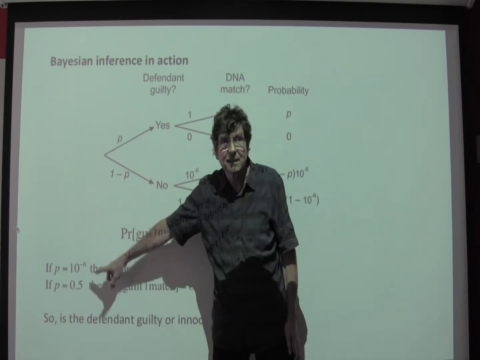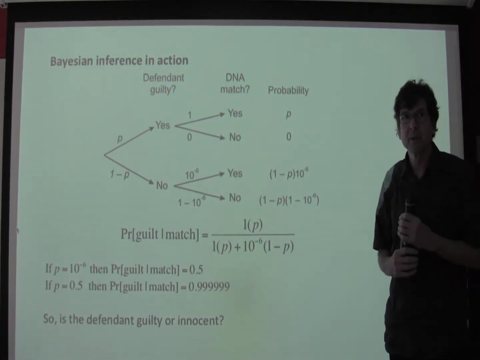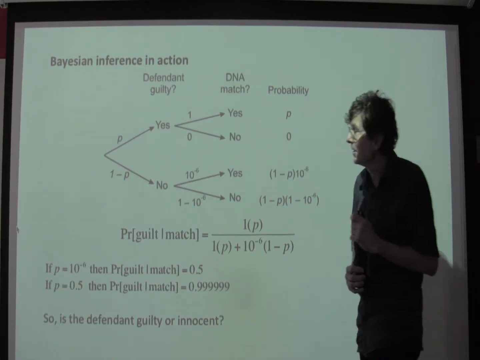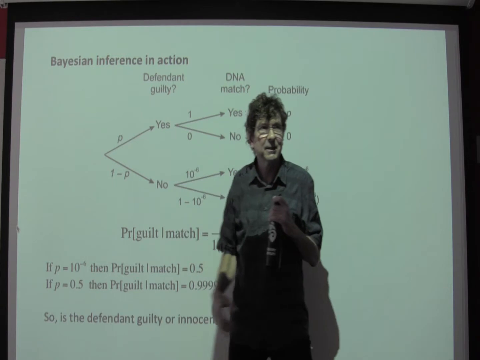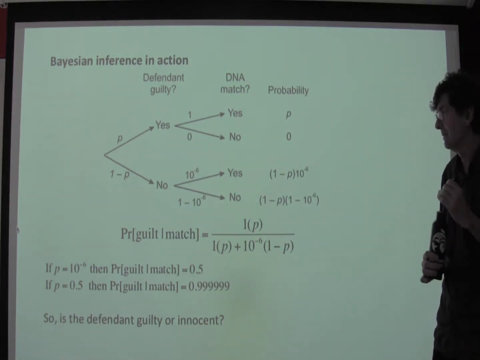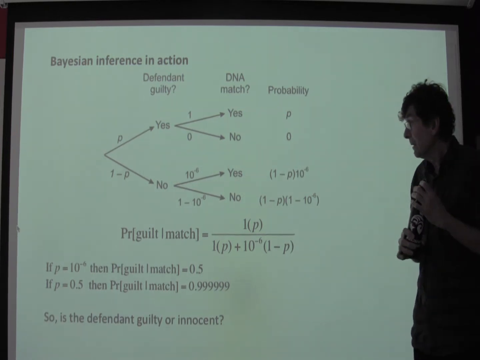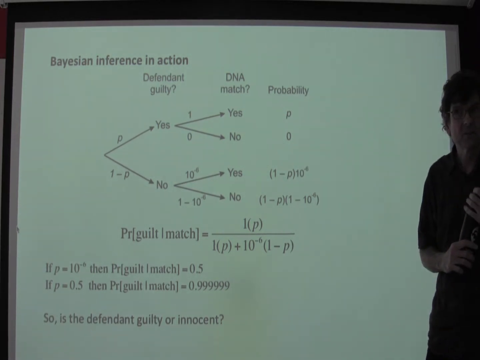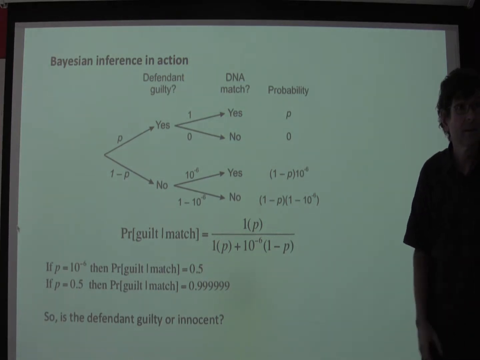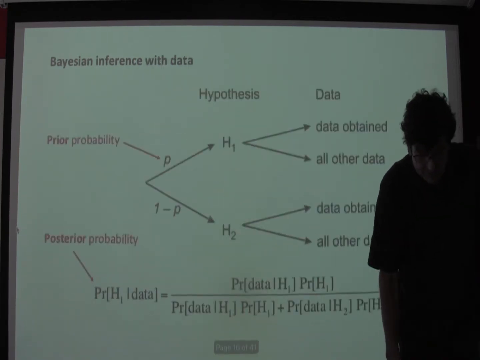But it's for this reason that, to convict somebody, you also have to have some other evidence that puts them maybe in the vicinity, so that the prior probability is not 1 in a million, but that a much larger number could potentially be used. I sort of picked a couple of extremes just to show you how important the prior probability is in calculating the posterior probability. And this is a case in which it might actually really matter.